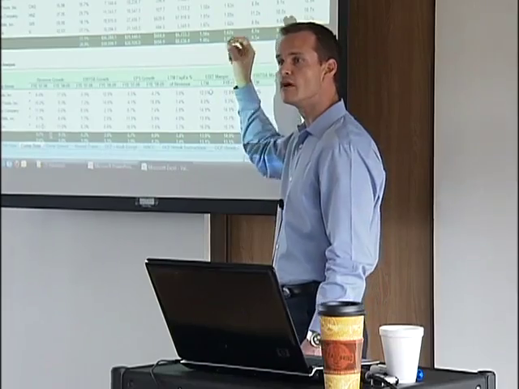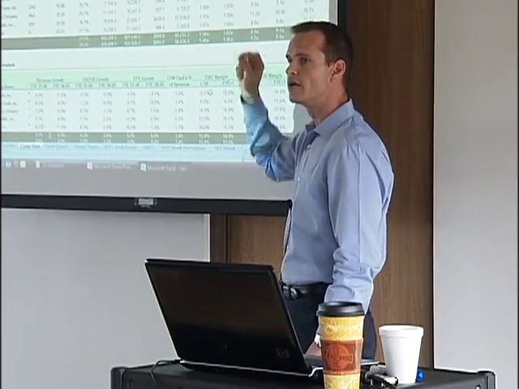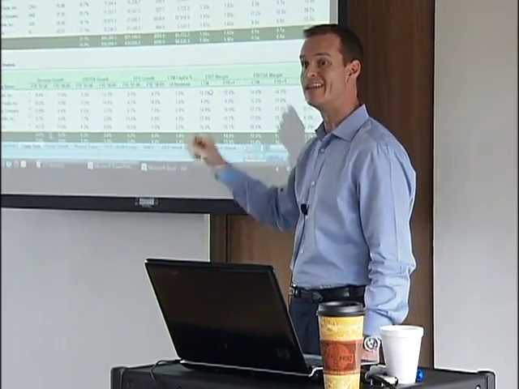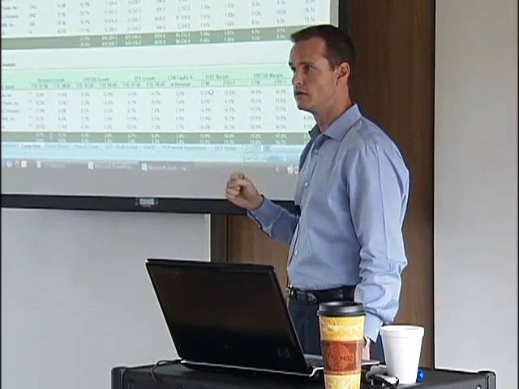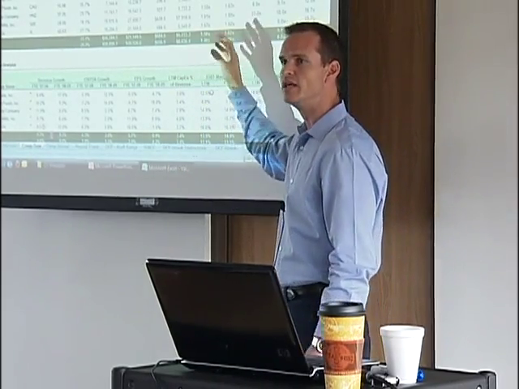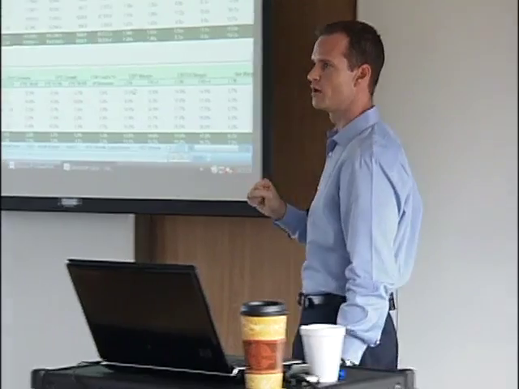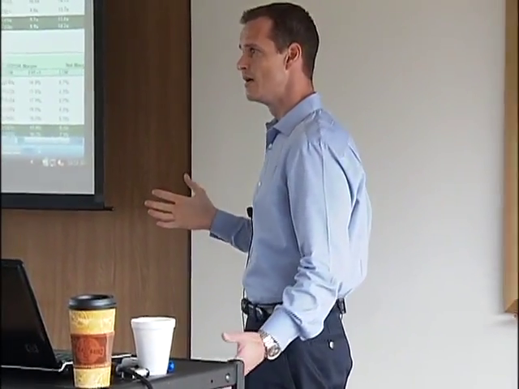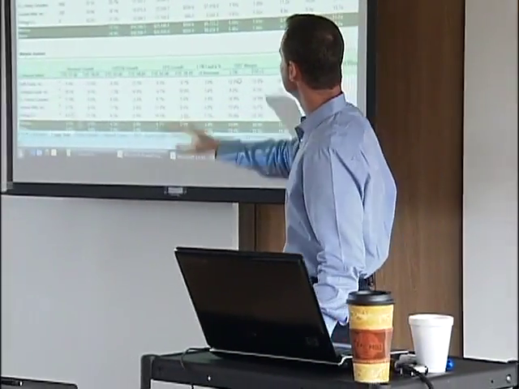For every dollar of revenue ConAgra generates, they're going to send less to the bottom line than any of these other companies. They're going to retain less at the EBIT or the EBITDA level than every other one of those companies. Make sense?